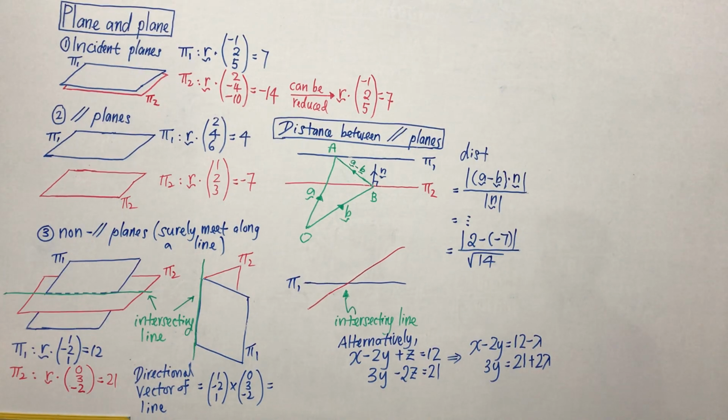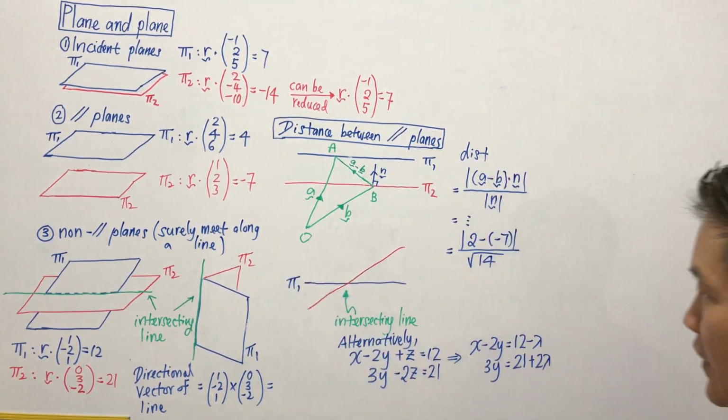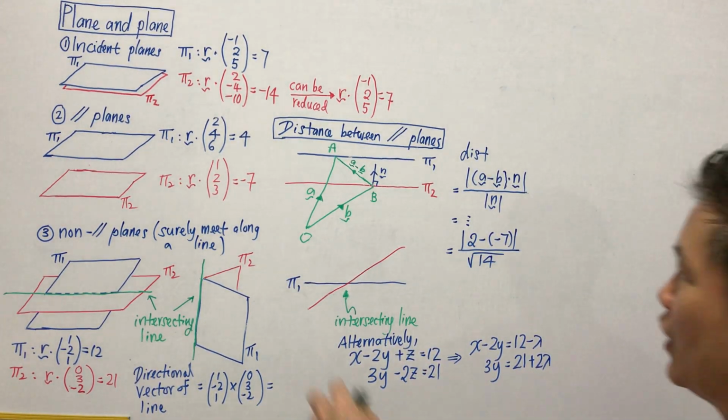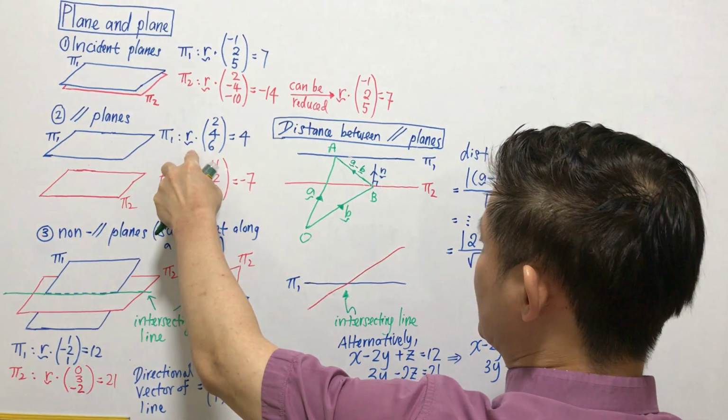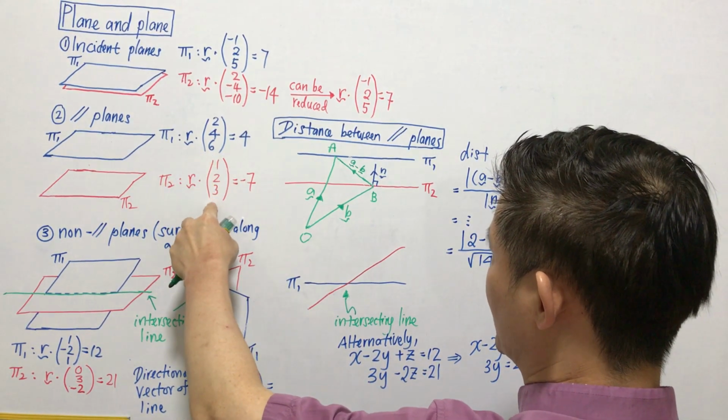To find the distance between two parallel planes, a very important first step is for you to reduce one equation such that it has the same normal vector as the other one.